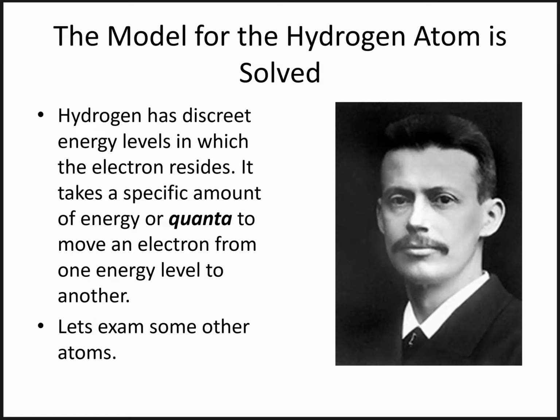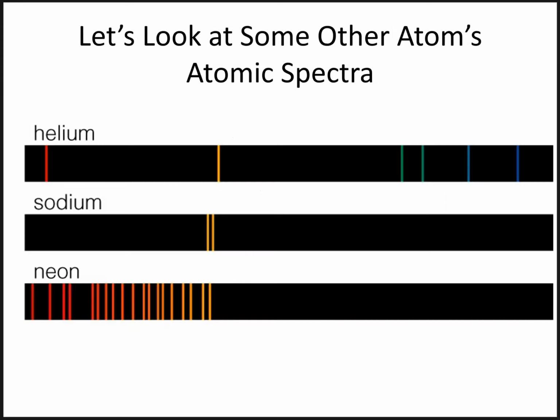So does this work with other elements was the next question that was posed. And so looking at other elements and their fingerprint line spectrum, we see that helium, sodium, neon all have very specific jumps. They have regions where they're allowed to be and regions where they're not allowed to be. And so we start gathering these fingerprints of the elements.